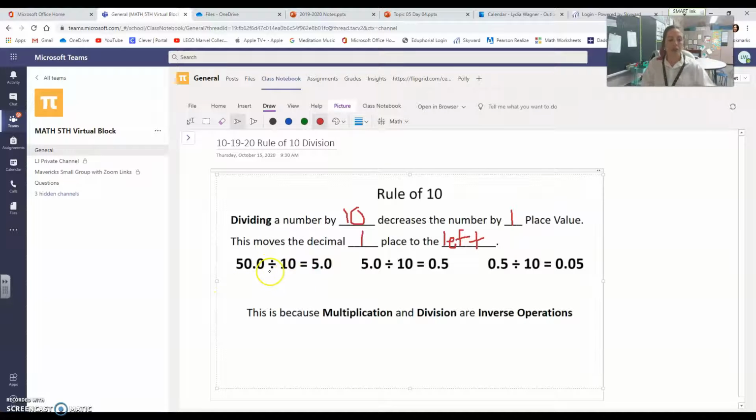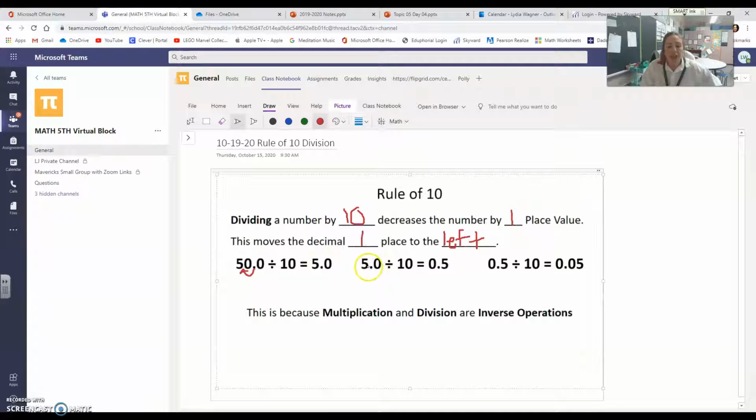Let's take a look at some of our examples. If we divide 50 by 10, our decimal is on the right side of the 0, but then it moves to create the number 5. It moves between the 5 and the 0.